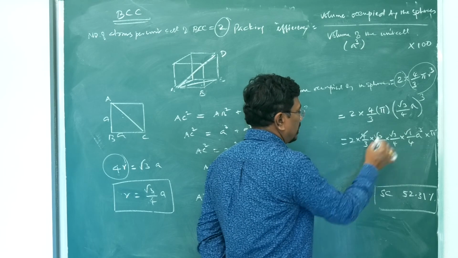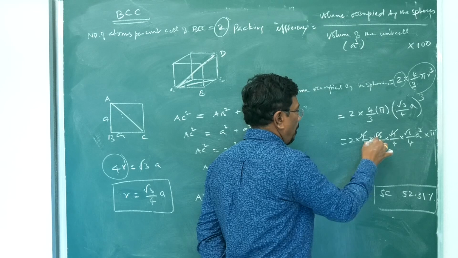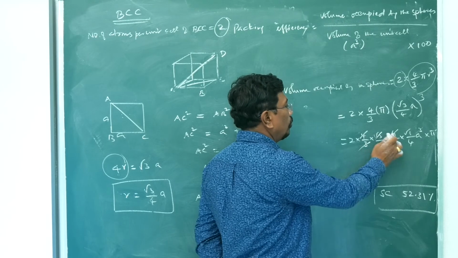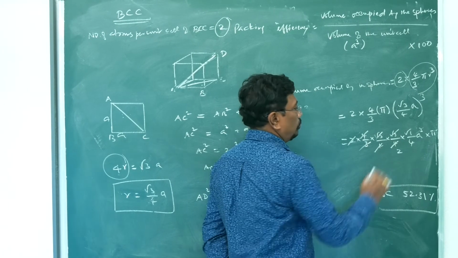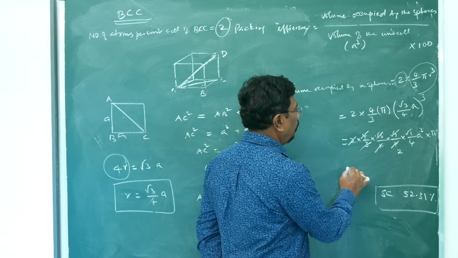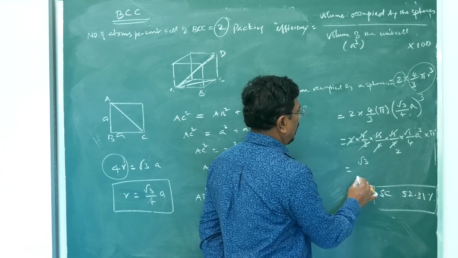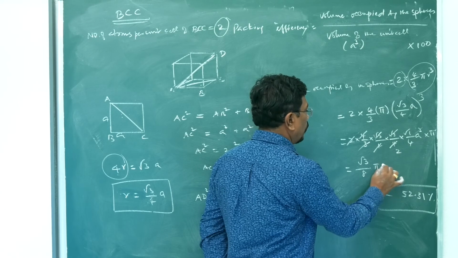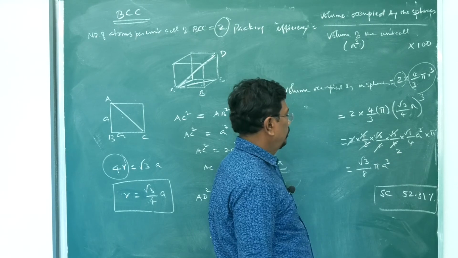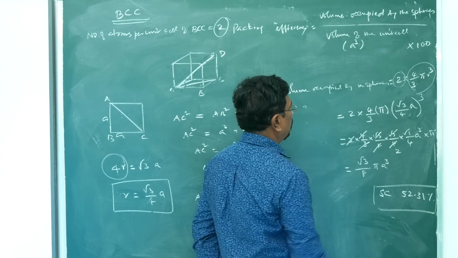Two root 3's can cancel one 3, because root 3 into root 3 will become 3. 2 by 4 is 2. Therefore, root 3 by 8 pi a cube.